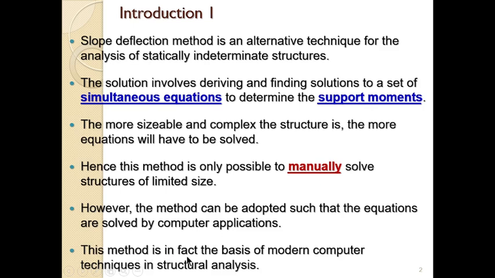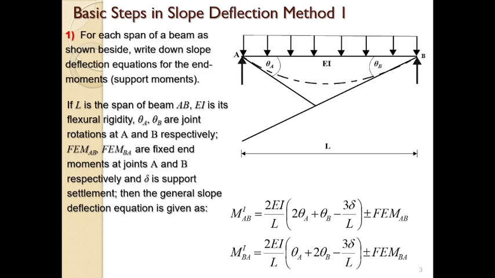In fact, this method is the basis for modern computer techniques in structural analysis. Most of those software that analyze structures use this method because they just program the system to derive a set of simultaneous equations and then find solutions to them. Of course, the computer is able to solve a set of simultaneous equations with so many unknowns, unlike doing it manually. So let's look at the basic steps in the slope deflection method.